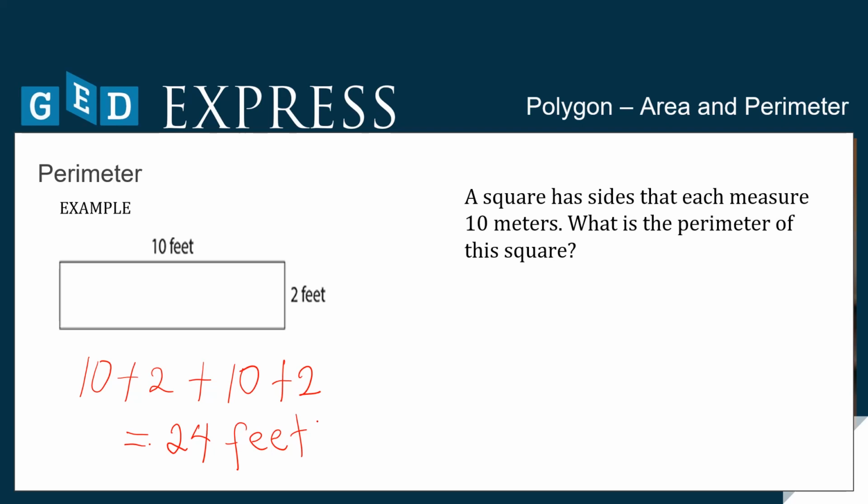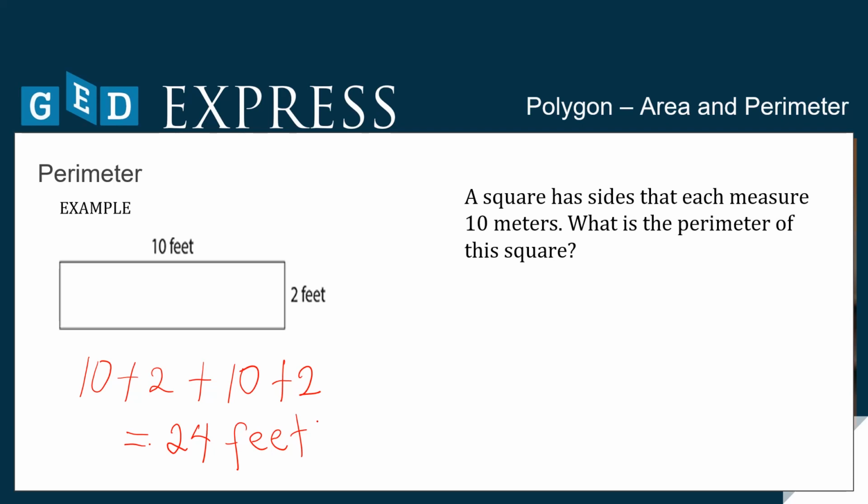Let's try the second example. A square has sides that each measure 10 meters. What is the perimeter of this square? Let's go back to the definition of squares. It says all sides have the same measure. So for squares, to find the perimeter, all we need is at least one side.